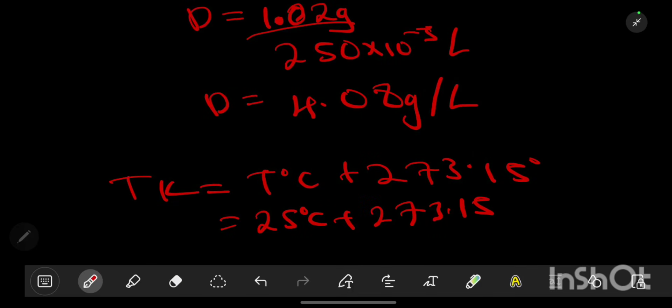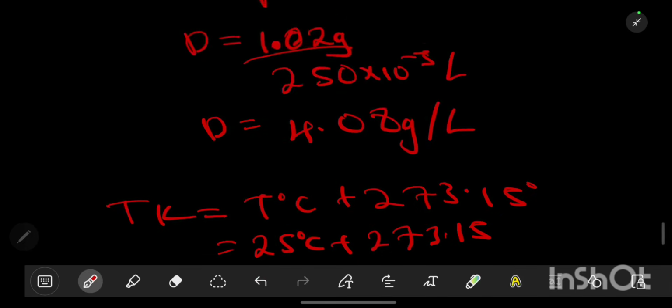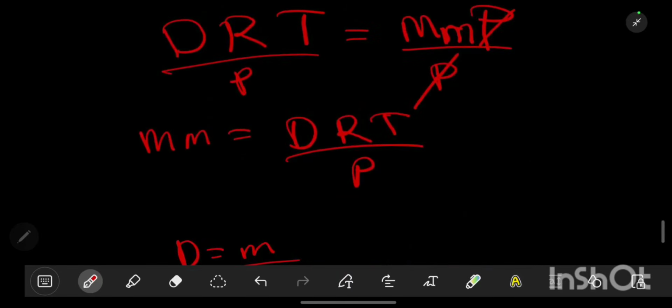The temperature will be equivalent to 25 plus 273.15. This is going to give us 298.15. So this is the temperature in kelvins.